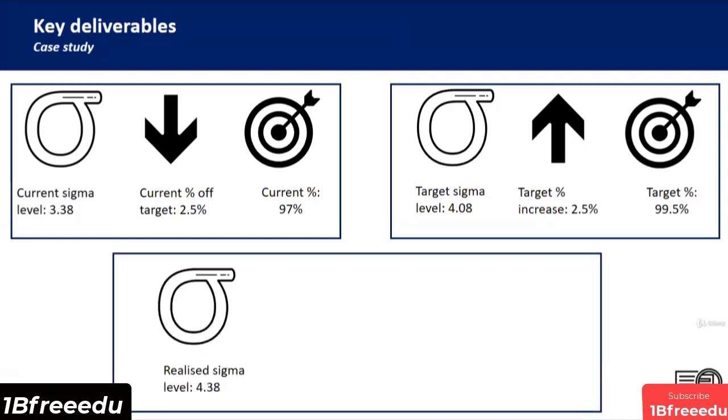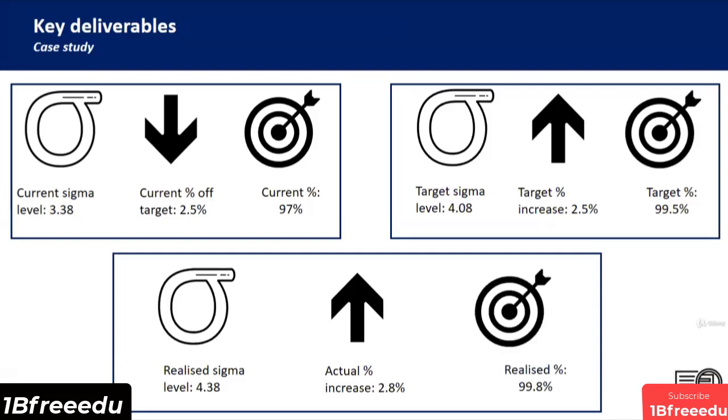What actually happened? Well, we were able to realize a Sigma level of 4.38, which was substantially higher than we expected. We were actually able to increase it by 2.8%, which meant that our final realized percentage was 99.8%. So over time, we were able to see a trend of 99.8%, whereas before we saw an overall trend of 97%.